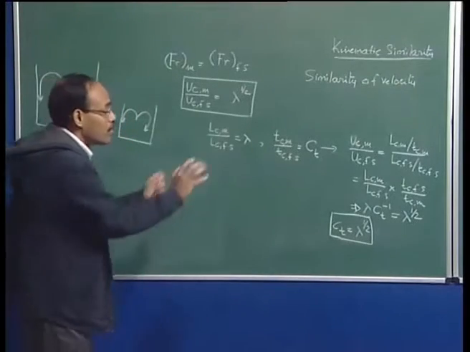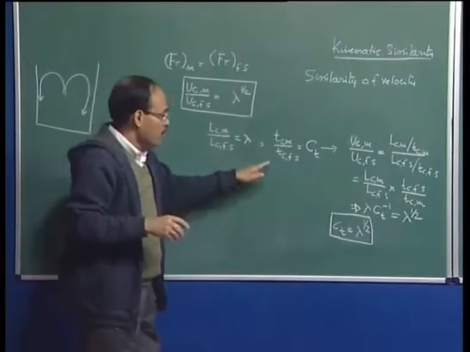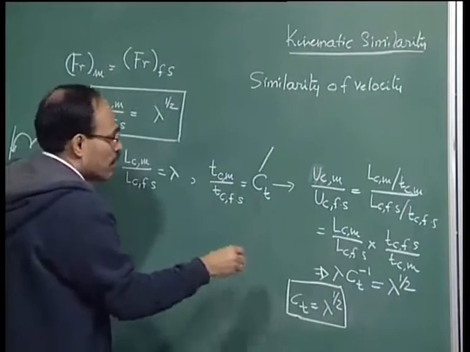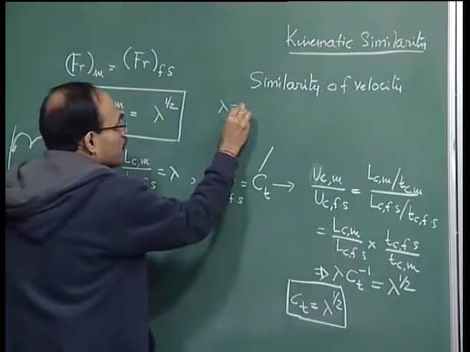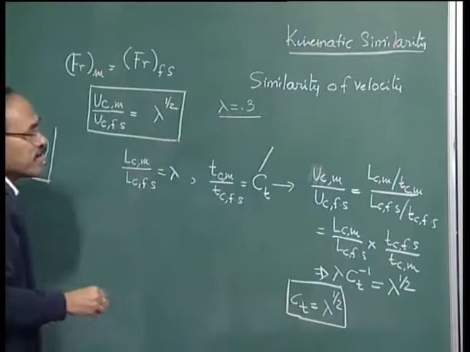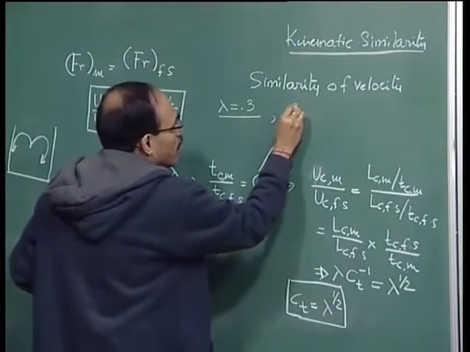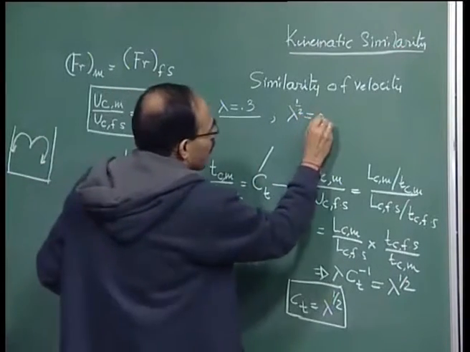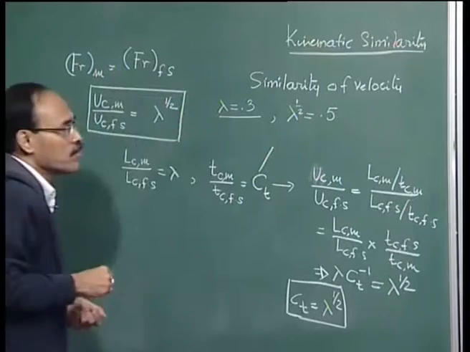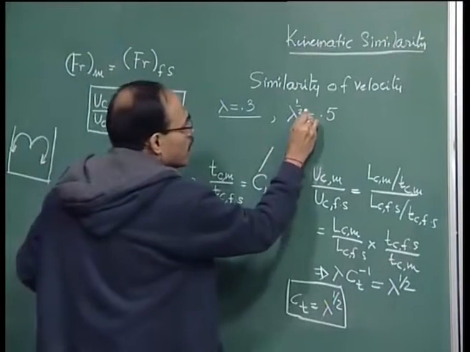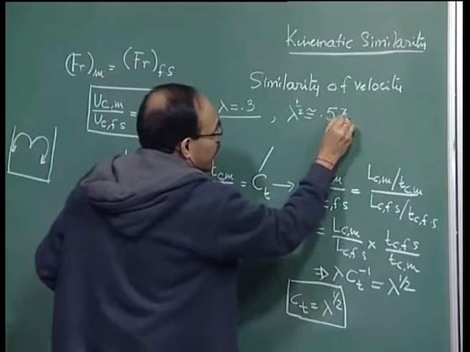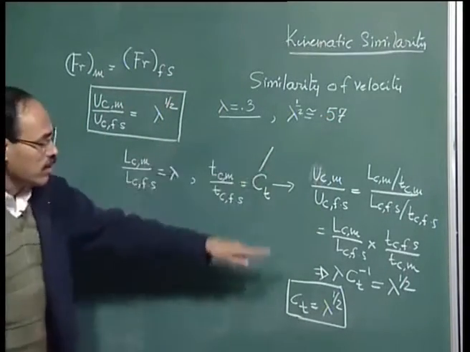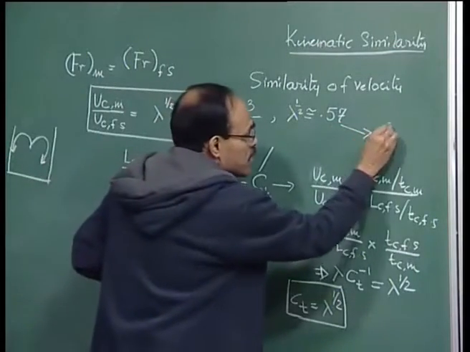So, in the full scale case, C sub t is roughly lambda to the power half. Suppose I take lambda equal to 0.3, then lambda to the power half is roughly about 0.57. So, this value is C sub t.